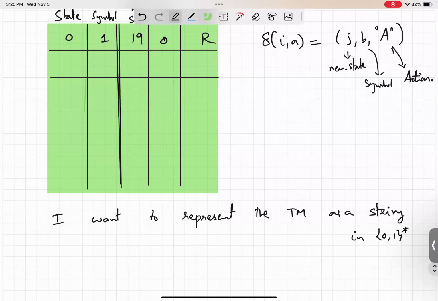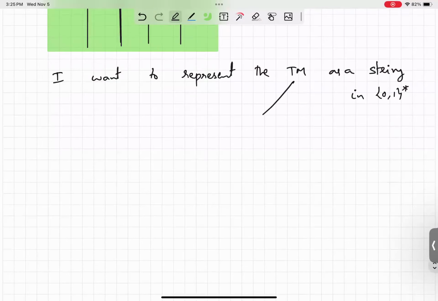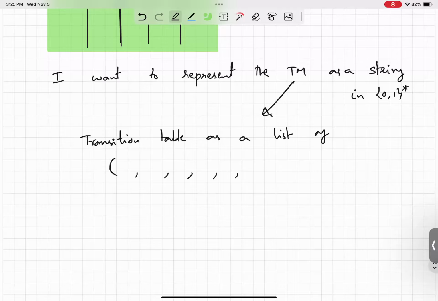Okay, and I can do this because the Turing machine is specified by the transition table, and I can think of the transition table as a list of 5-number tuples.